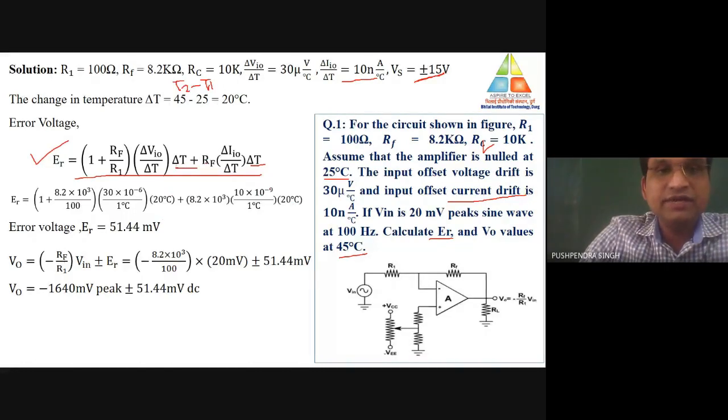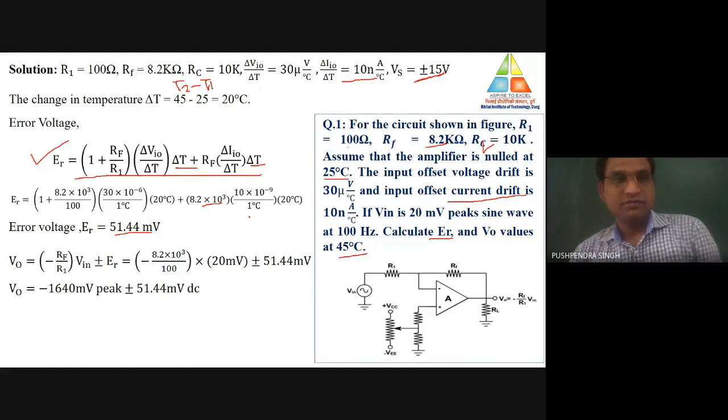Here the value of RF is 8.2 kilo ohm, and the value of R1 is 100 kilo ohm. Just substitute all the values and get the final error voltage. So here it is 51.44 millivolt. This is the value of error voltage.